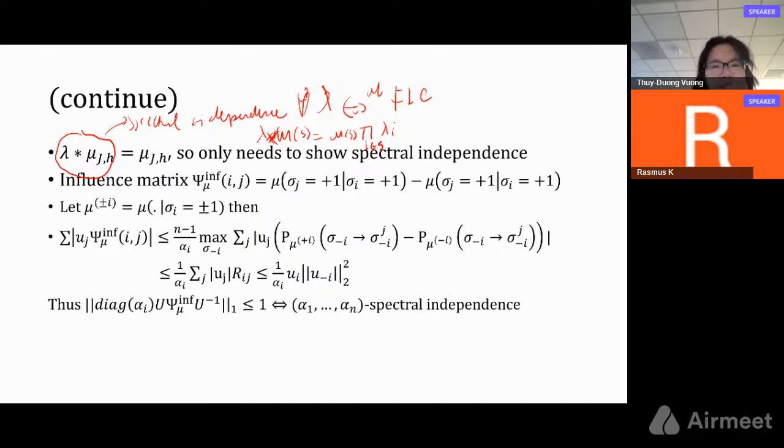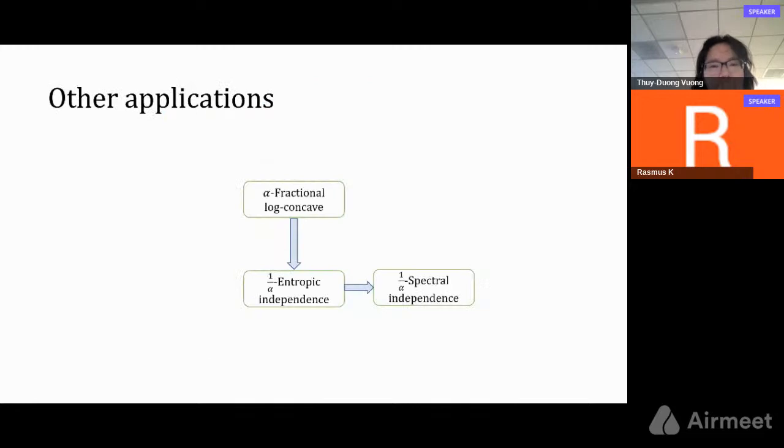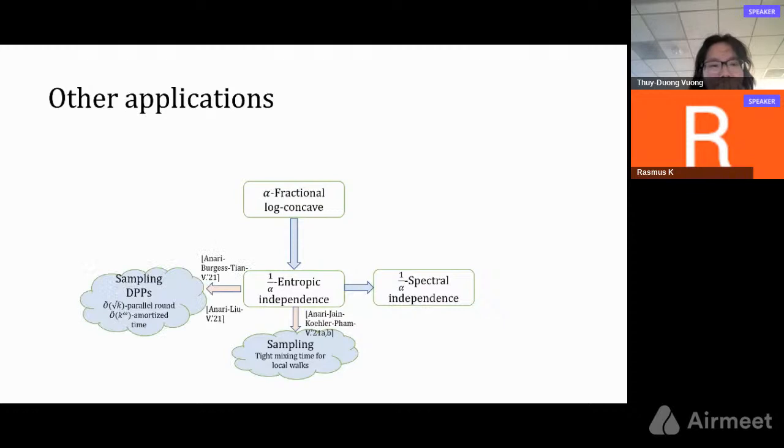I think that's too technical, but some other applications of this entropy independence framework include parallel sampling for determinantal point processes. I didn't really introduce this part, but if people know it, then yeah. Also faster sampling, I guess optimal sampling in terms of amortized time, and also faster sampling for spanning trees.